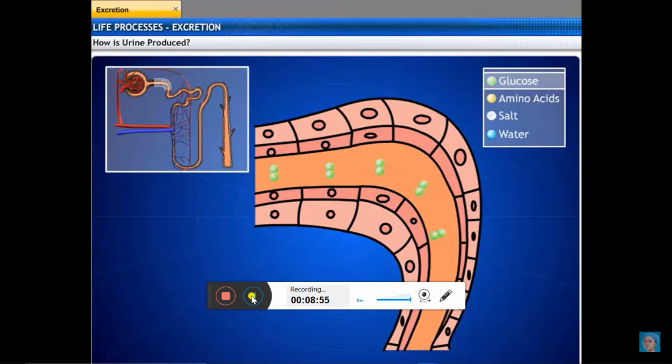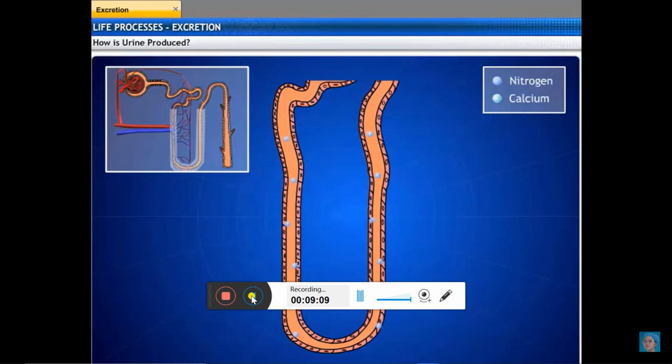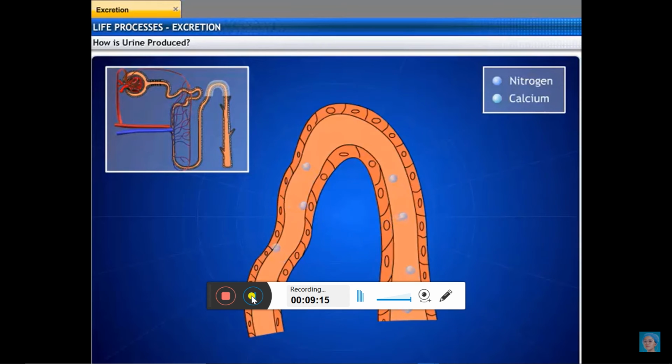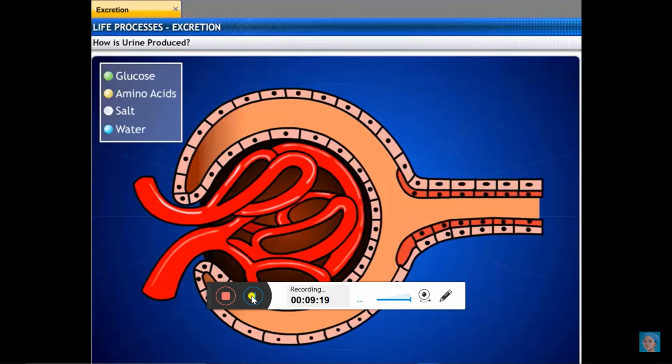Some substances in the initial filtrate, such as glucose, amino acids, salts, and a major amount of water, are selectively reabsorbed as the urine flows along the tube. Further absorption of nitrogen compounds takes place through the hairpin loop and the distal convoluted tubules.